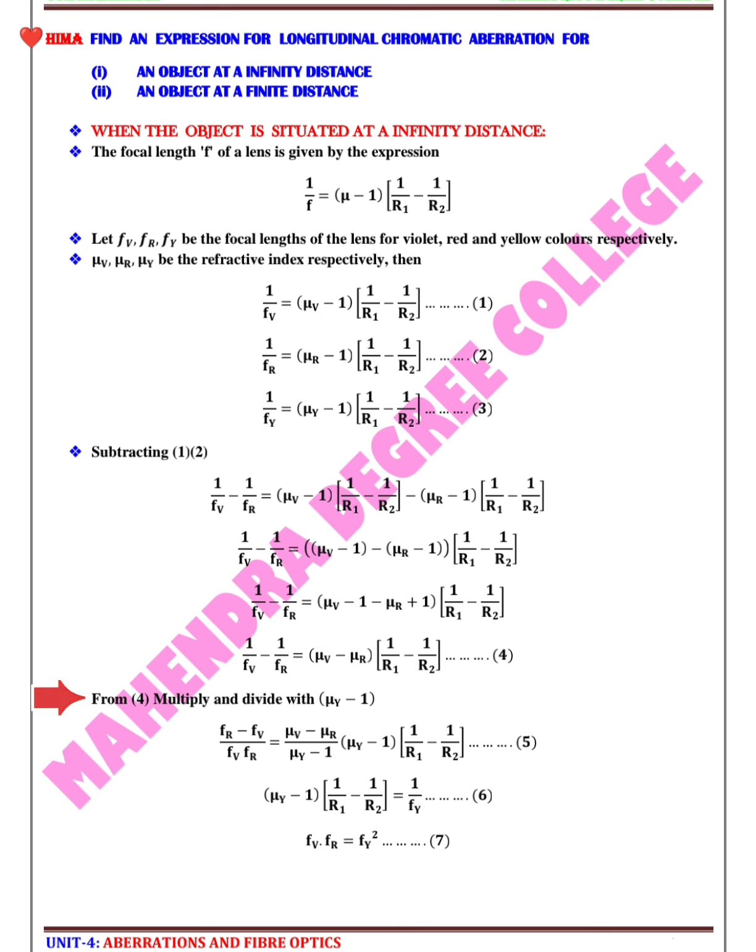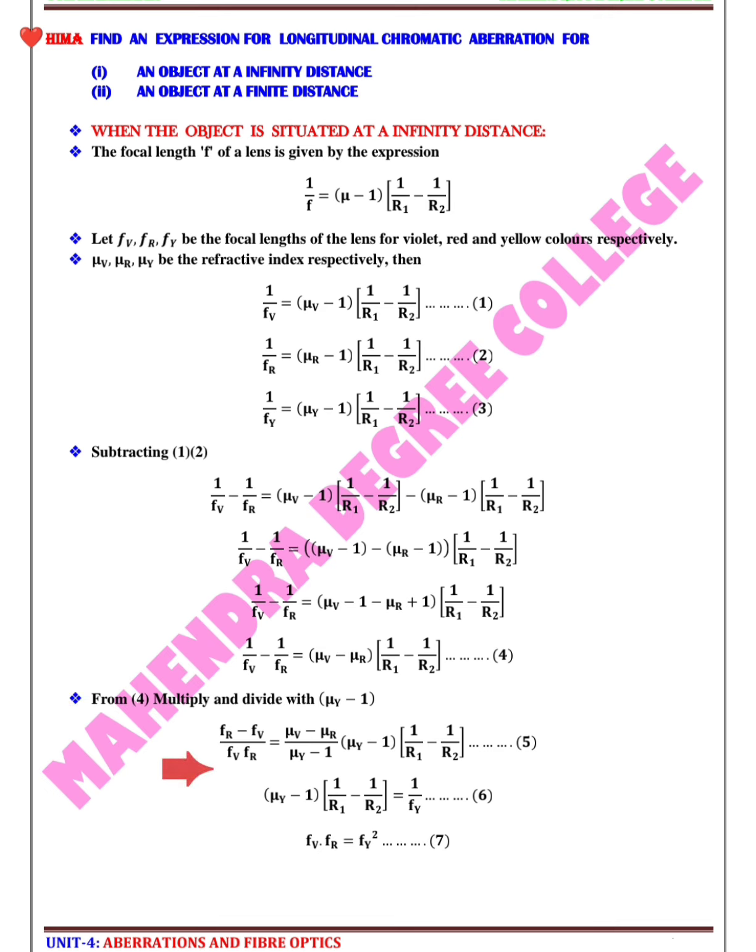Multiply and divide by mu y minus 1. We multiply and divide the right hand side of equation 4 by mu y minus 1 and rearrange the left hand side to this form.